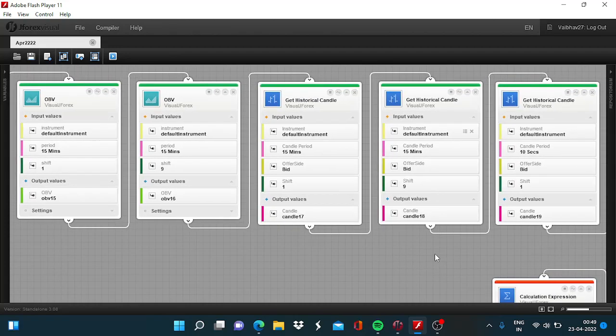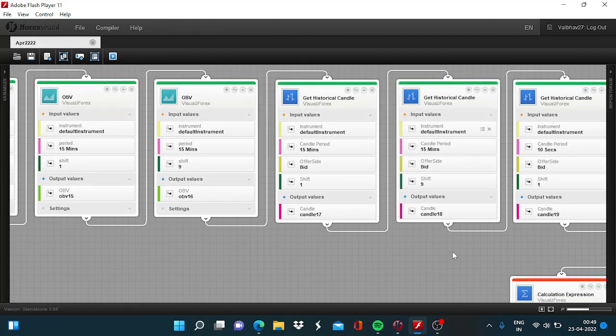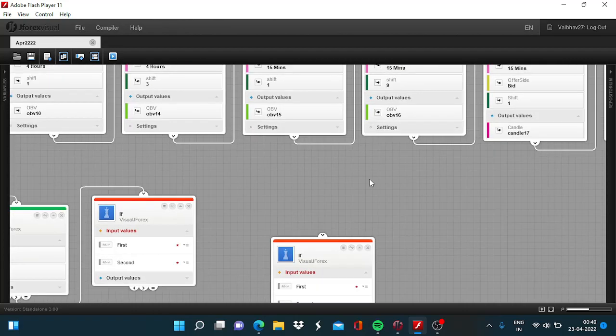Candle 17 and candle 18 closing values need to be diverging from the OBV values, and we need the candle 17 candle close to be lower than the candle 18 candle close.